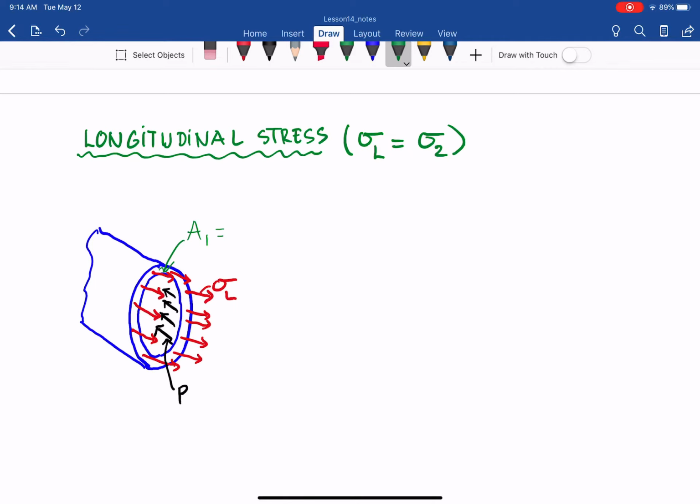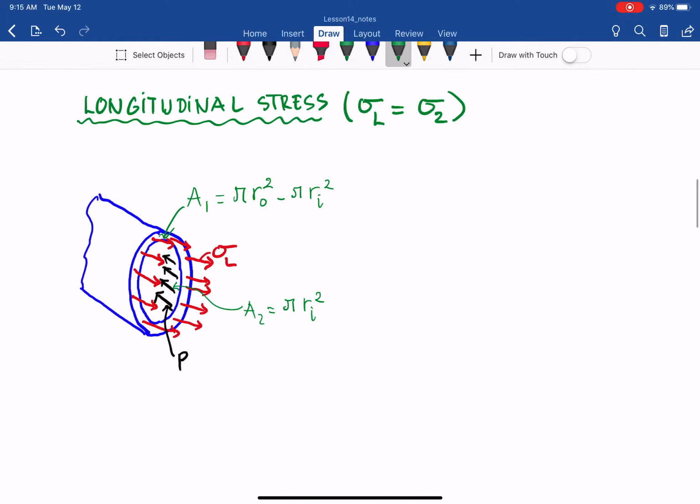So we have pi, the area of a circle, times the outer radius squared minus the area with the inner radius, Ri squared, so that is area 1. And area 2 is the whole thing for the inner pressure, and that A2 equals pi Ri squared.